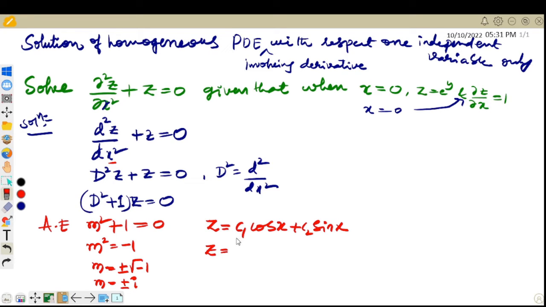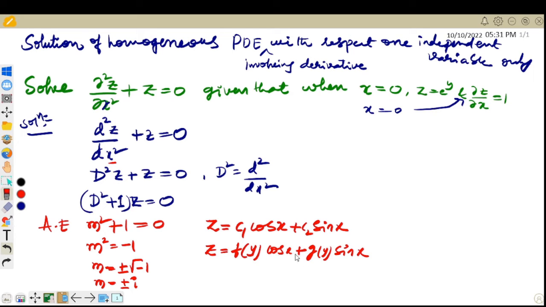But we need to replace the constants c1 and c2 by functions of y here: f(y) cos x + g(y) sin x. The meaning is that you have integrated with respect to x, but here we need to replace the constants c1 and c2 by functions of y.